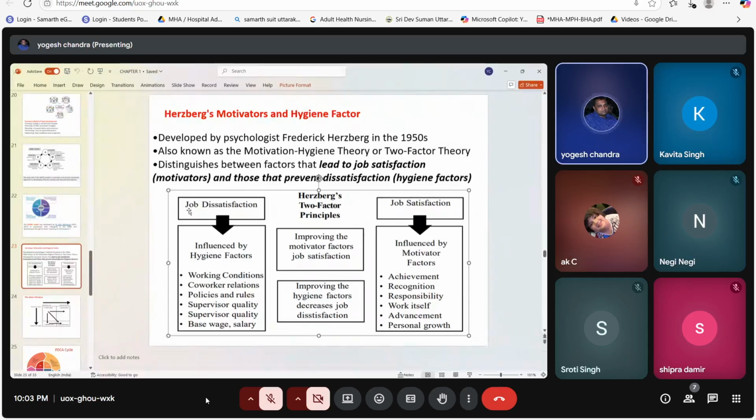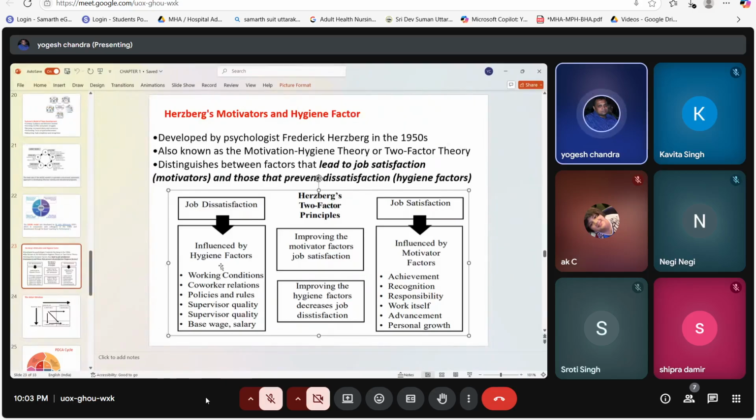You have to understand these motivator factors. They may not be essential, but they are going to improve motivation: achievement, recognition, responsibility, work itself, advancement, personal goals. They are going to increase your motivation level. And these are the conditions which are considered hygiene factors. If you are not getting these in the workplace, then job dissatisfaction may increase.